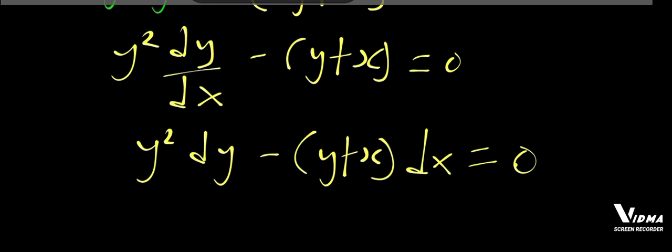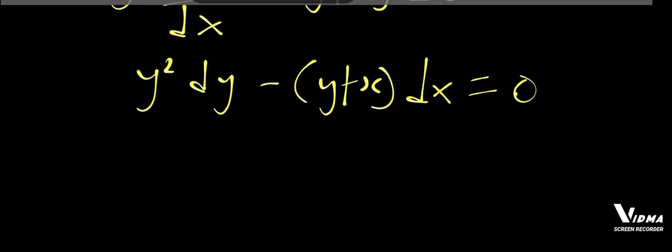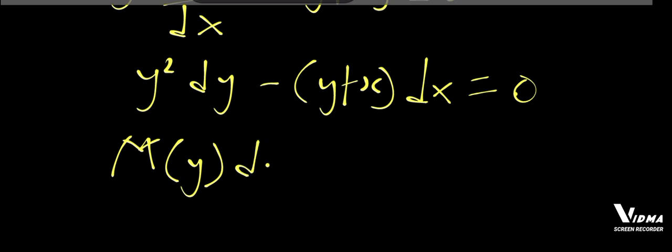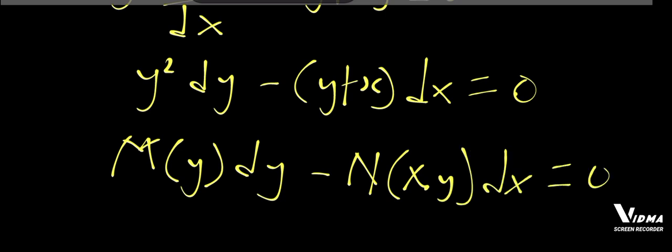So comparing it with our differential form, we can see that we have m of y dy, because this term contains only y, and it is minus n of x, y dx equals to 0, because this term contains both x and y. So this is how we converted our differential equation into a differential form.